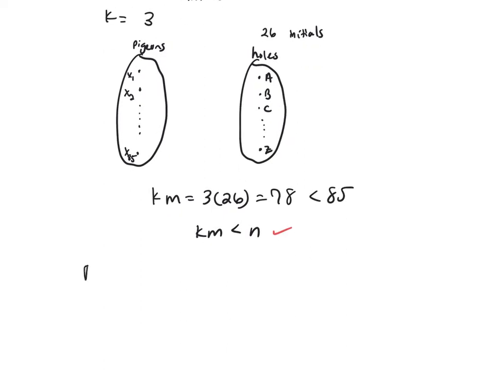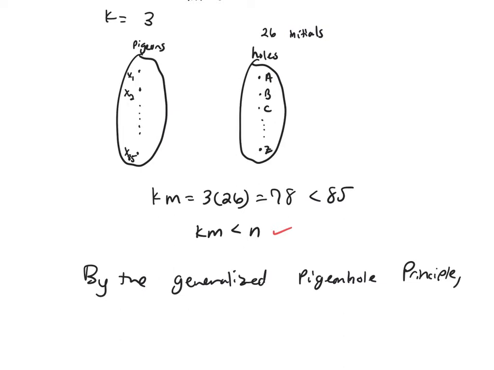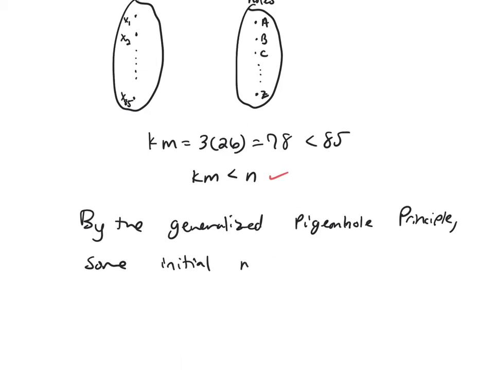So you're going to say by the generalized pigeonhole principle, some initial must be the image of at least K plus 1 people, right?